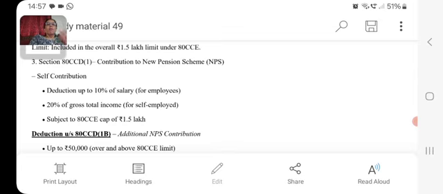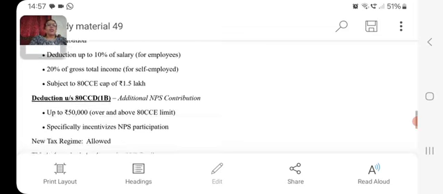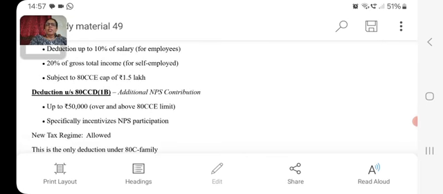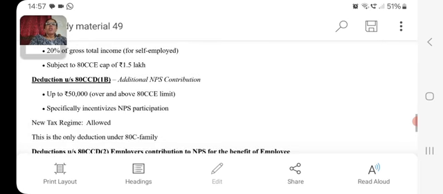Means if a person is self-employed, then he can claim 20% of gross total income. If a person is salaried, then he can claim 10% of the salary. Section 80CCD1B, that is the additional contribution made by the assessee towards NPS. Apart from 80C, he can claim additional deduction of 50,000 which is contributed towards NPS.